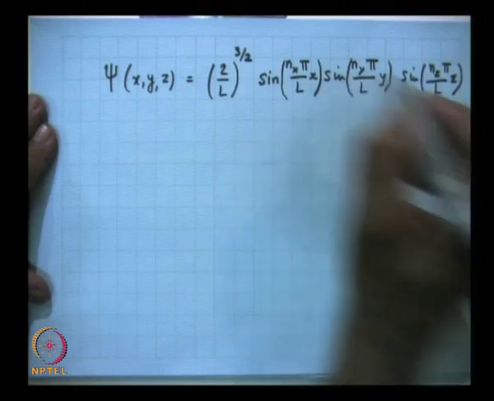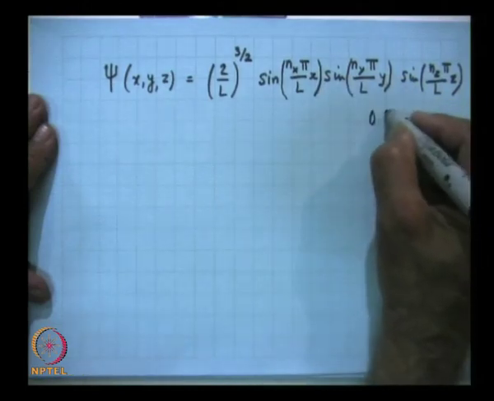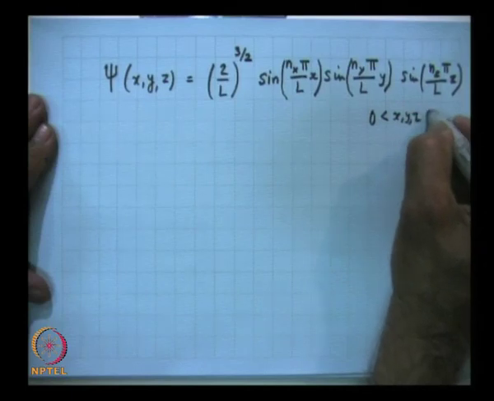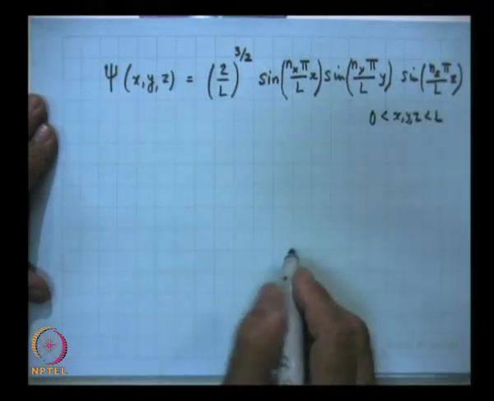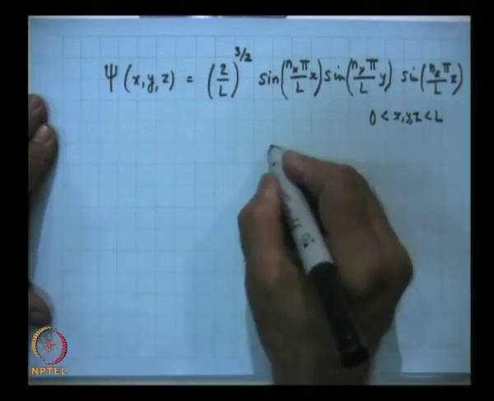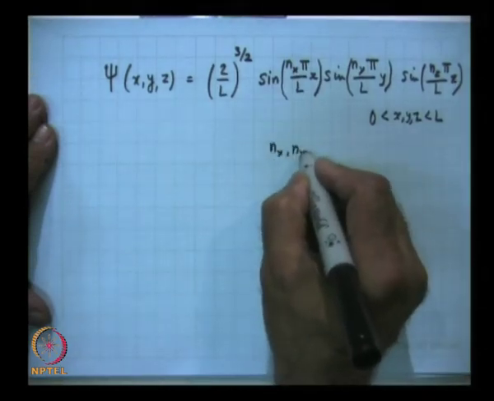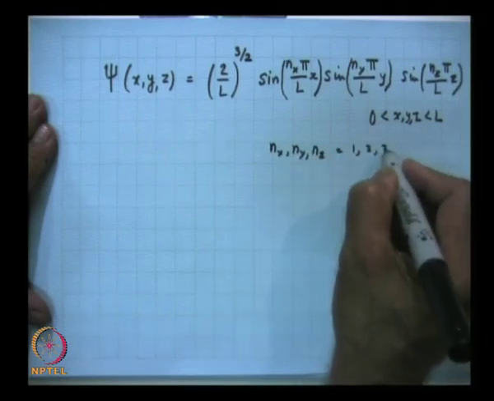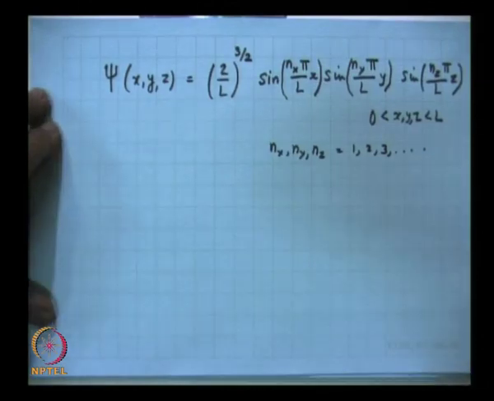Of course, for 0 less than x, y, z less than L, the wave function is non-zero only inside the box, and n x, n y, n z take the integer values 1, 2, 3, 4, 5.